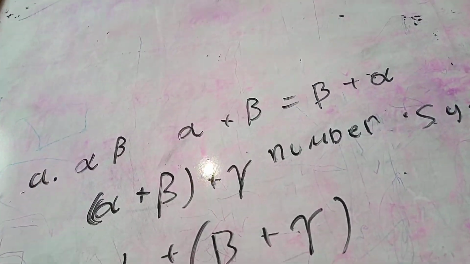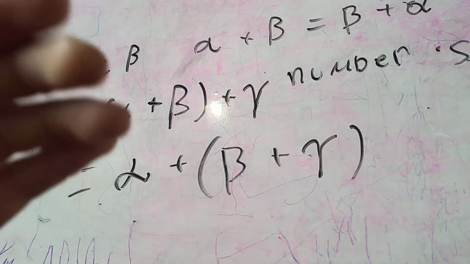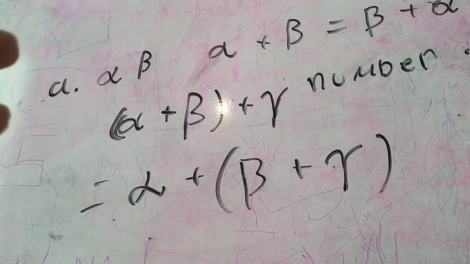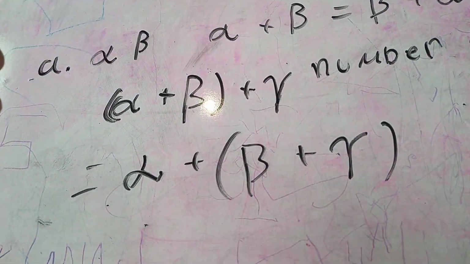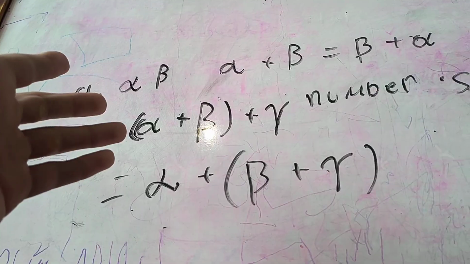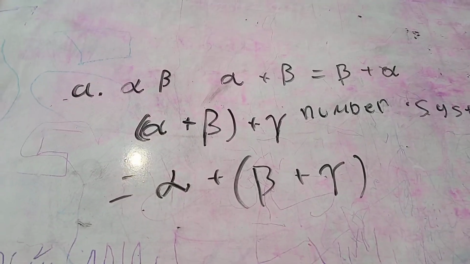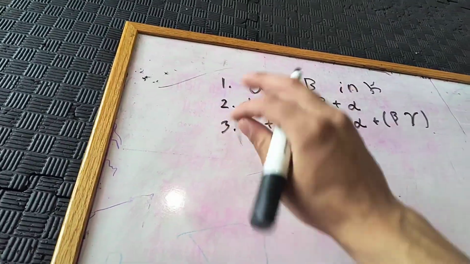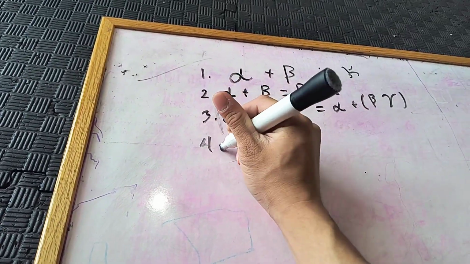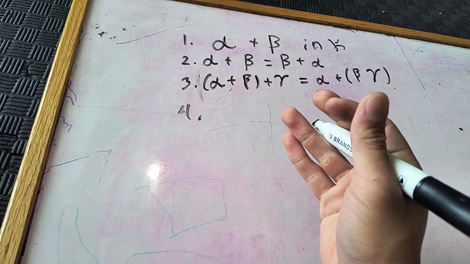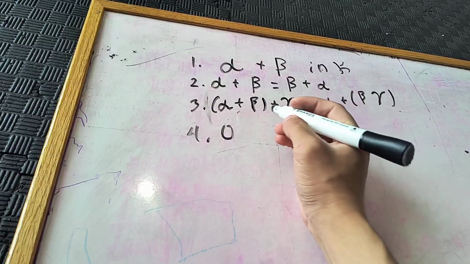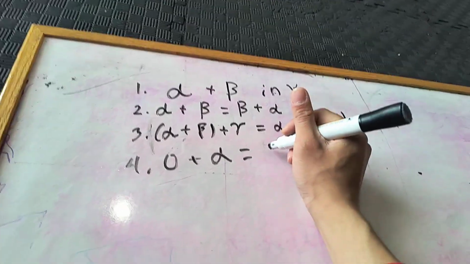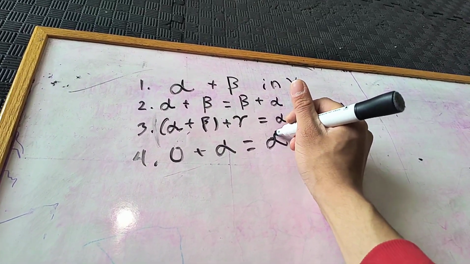It's basically just going through different addition properties. There also has to exist a number 0 in K such that 0 plus alpha is equal to alpha.